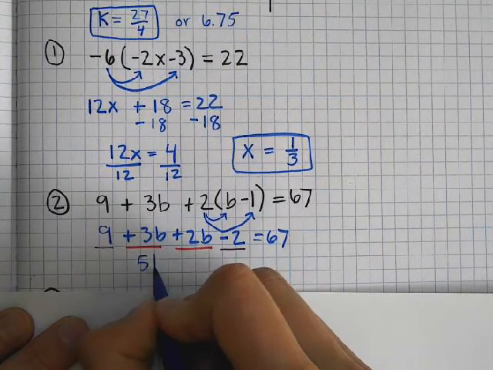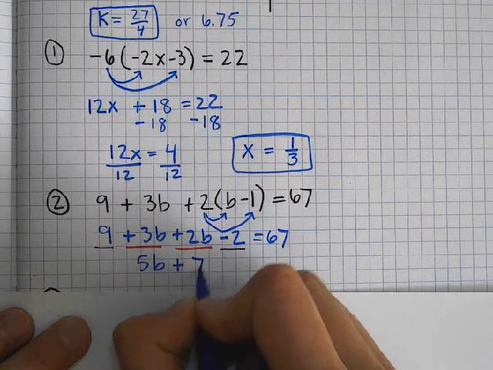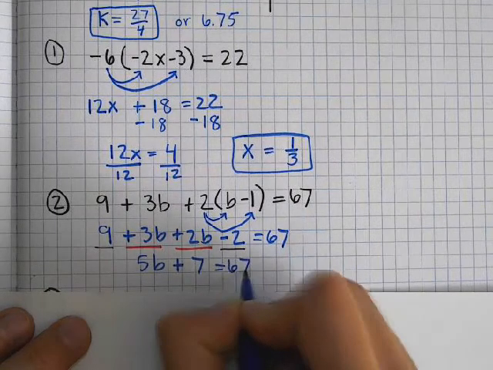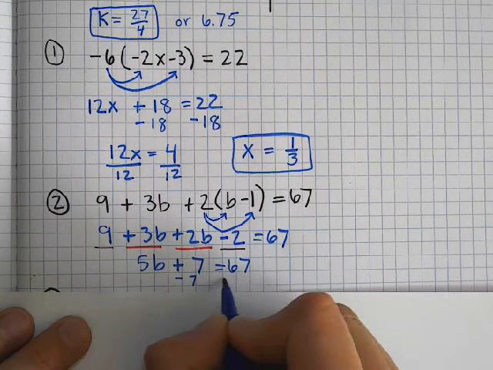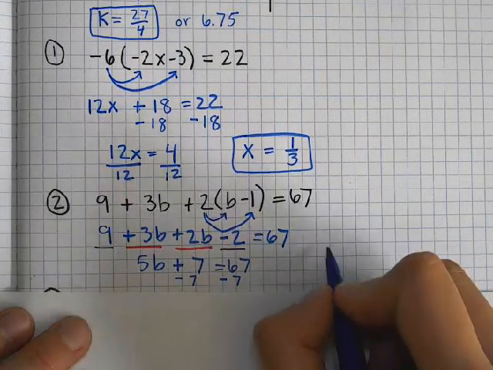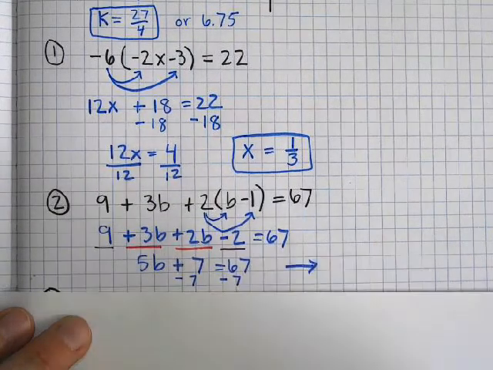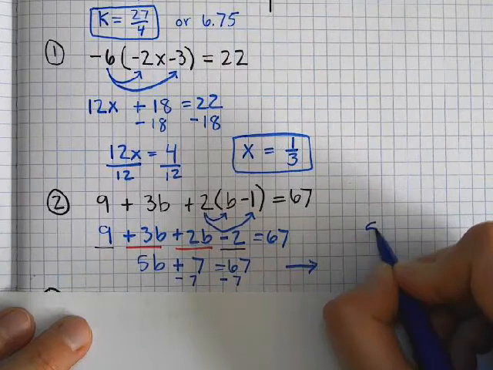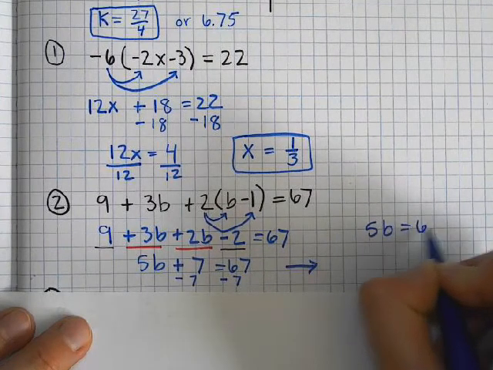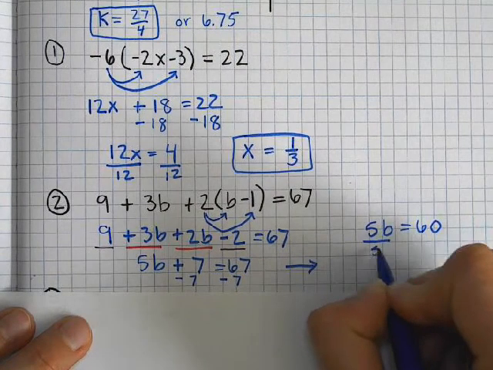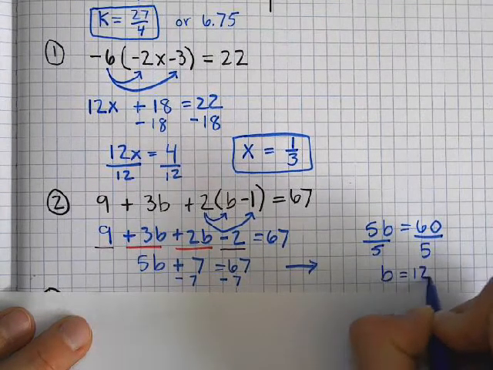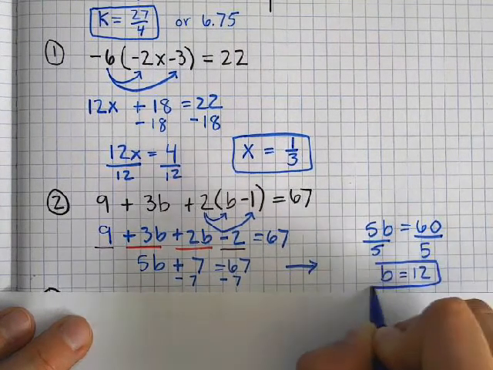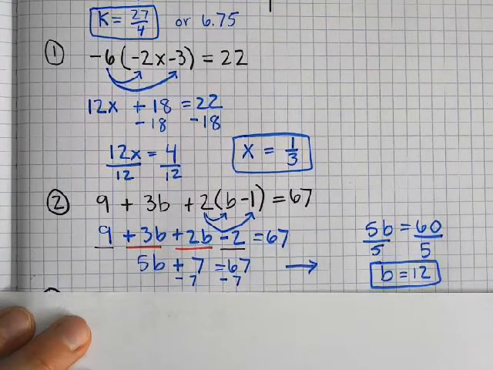That's going to be 5b plus 7, and that equals 67. Okay, we can subtract. We've got 5b equaling 60, and b equals 12. That's a nice even number.